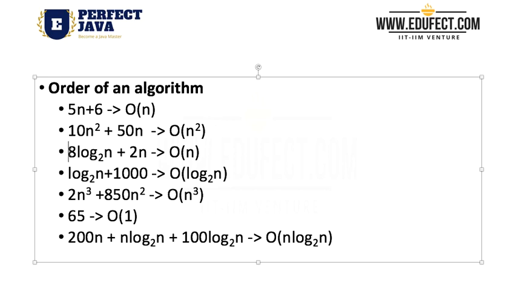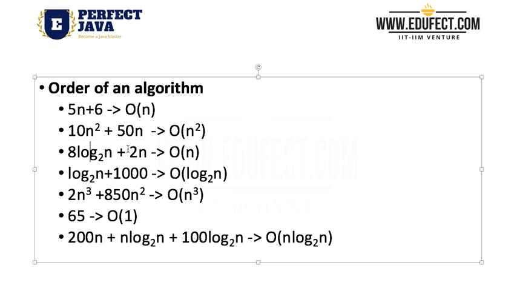Let's look at the third example, 8 log n plus 2n. Now if n is very large, we know this term will be very small relative to n, because if n is 1000, then log of n will be 10 and n is 1000. If n is say 65,536, the log of 65536 is 16, but n will be 65,536.